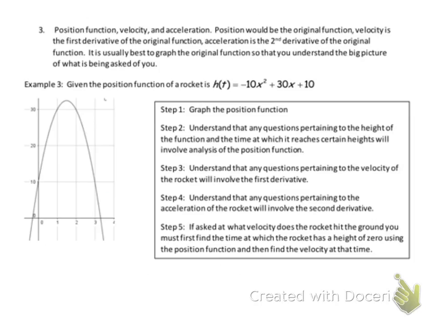Our next point of confusion for some of you was the position function discussion. The position function would be your first function, for example h of t. Your velocity would be h prime of t, and your acceleration would be h double prime. You need to keep those straight.